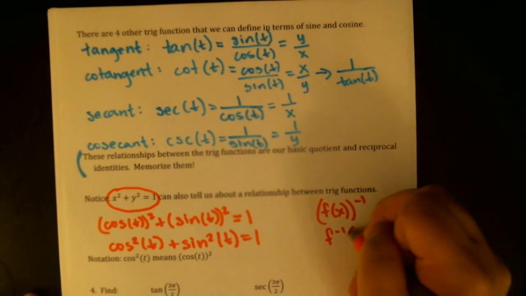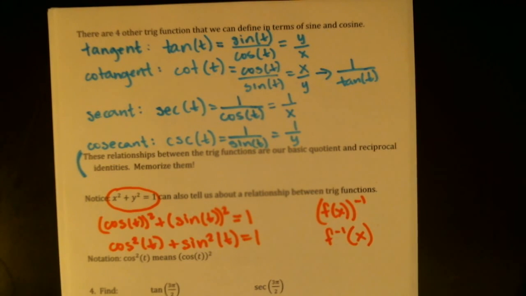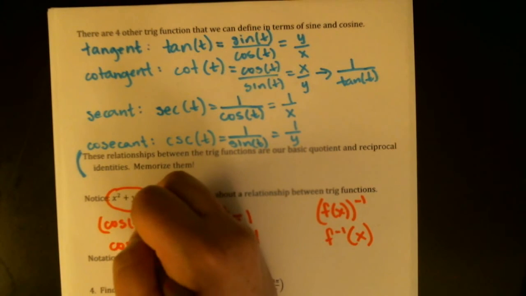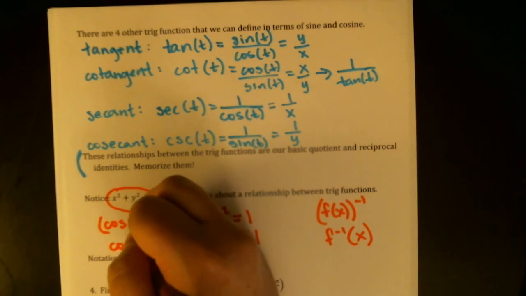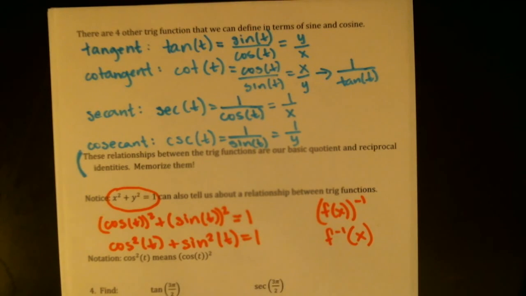But if you put the -1 exponent directly on the function, that means inverse. And now we're saying they mean the same thing. So there is this notation thing with the whole inverse business that's a little weird. So I would avoid doing this. If you want a -1 power, use the parentheses, because cosine with the -1 will still mean inverse to us. So -1s are trouble when you're doing notation with exponents. But otherwise, if you see a cosine squared or a cosine cubed or whatever, it means the whole thing is squared. Oh, and I see I put that in a note so that I wouldn't forget to say it to you.